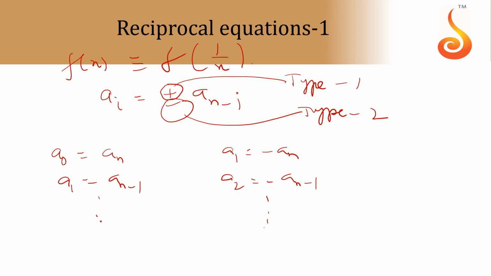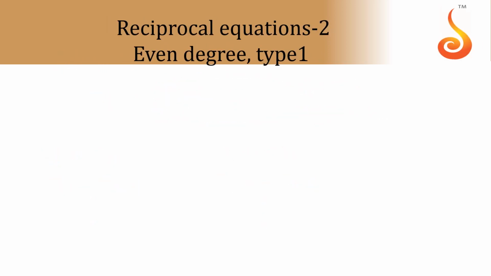Now let us see some examples. Suppose the reciprocal equation of even degree type 1. Let us take fourth degree, some 2x power 4. It is type 1, no? So it should end with 2. Then what is the next term?